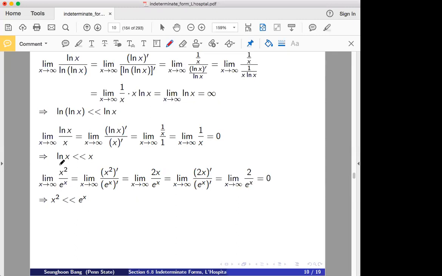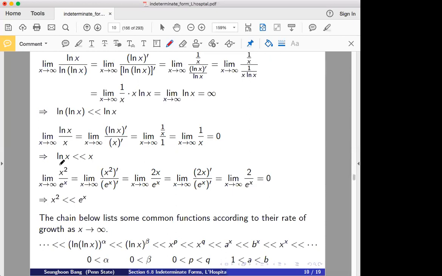We have one good table. Just like the chain below, it lists some common functions according to their rate of growth as x approaches infinity. So we have this one: ln of x to the power beta is growing faster than ln of x to the power alpha, where alpha is positive and beta is positive.